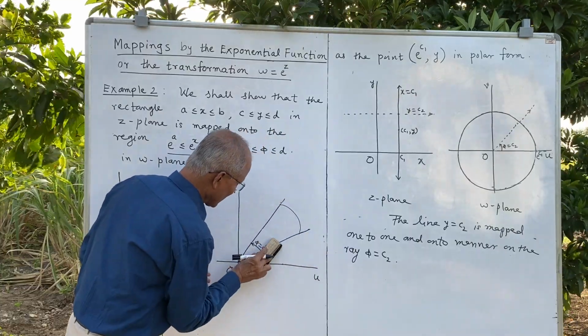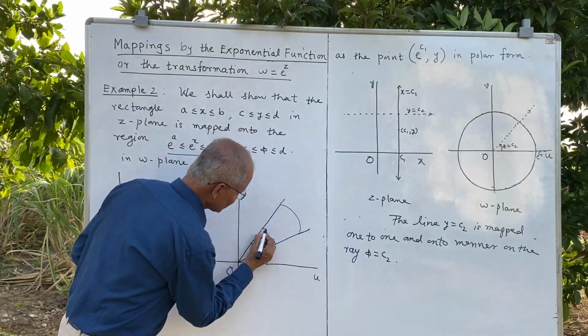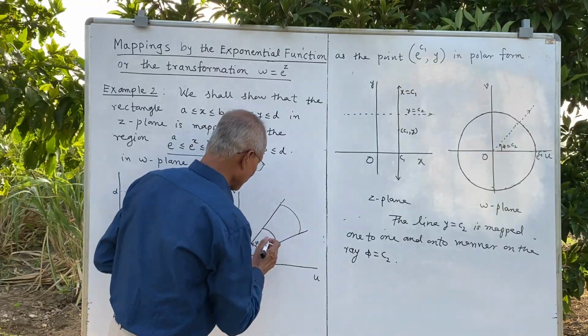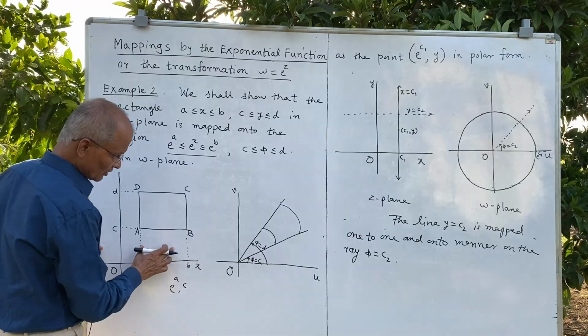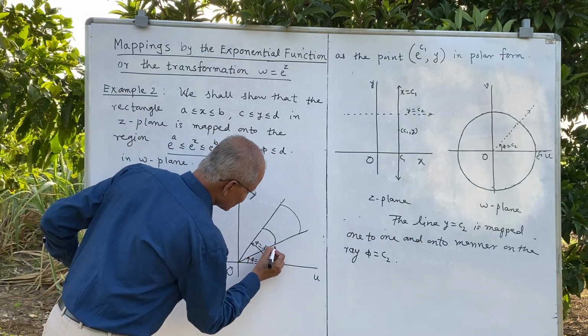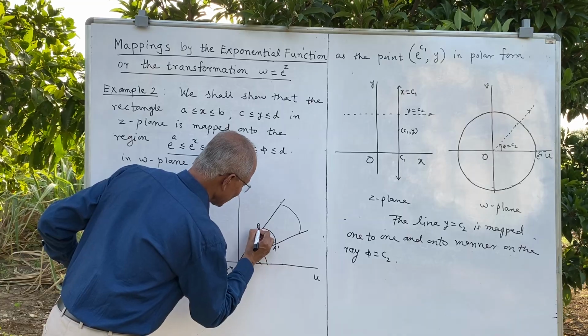And this is the arc e power a. So thus this we shall show as A dash B dash. This is A dash, this is B dash.